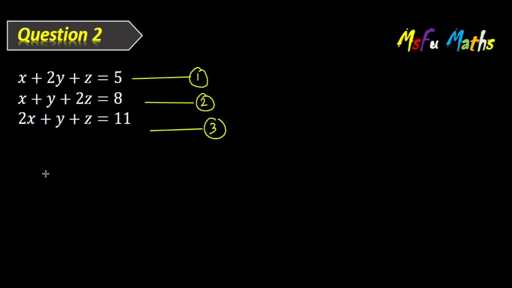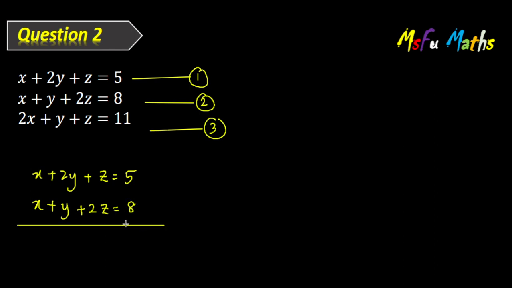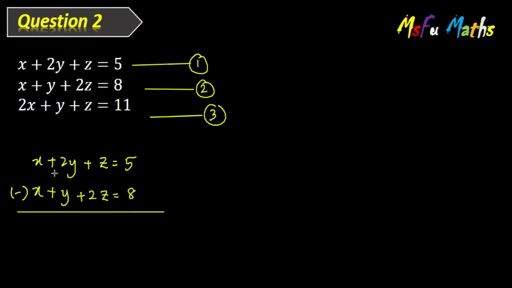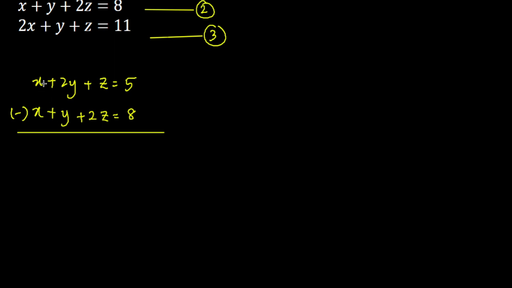Okay, let's see. I'll just copy x plus 2y plus z equals to 5. And here is x plus y plus 2z equals to 8. Minus, I just copy, right? So when I minus, what do we get? Here is x minus x is 0. That is what you want.